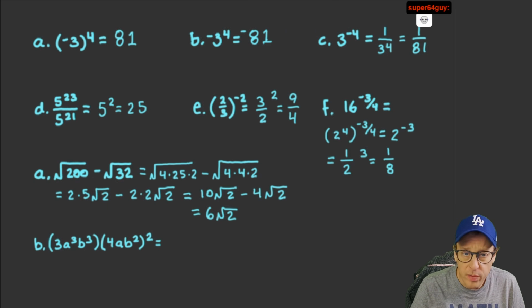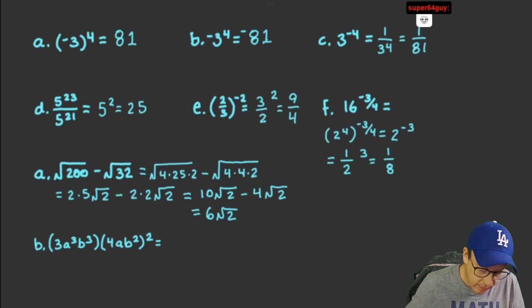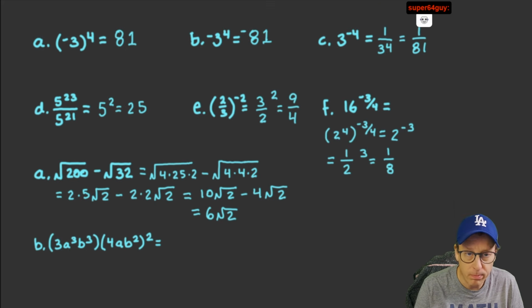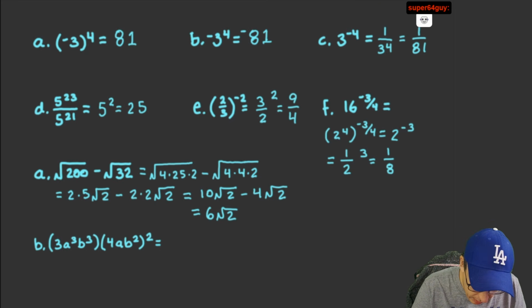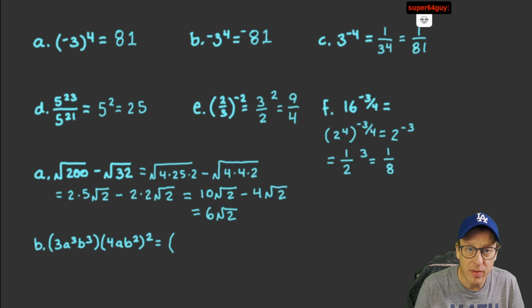All right, let's move on to our next one. I'm not going to add anything additional to what we have simply in the book unless I really feel that it would be needed. Okay, so we have 3a to the power of 3, b to the power of 3 times 4a, b squared, and then that is also going to be squared. We're going to further simplify these.